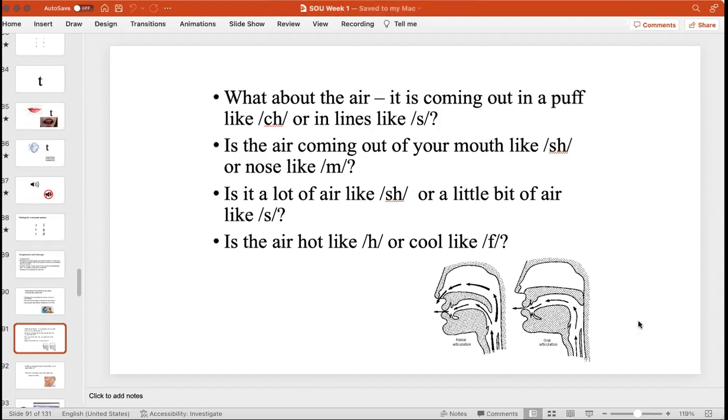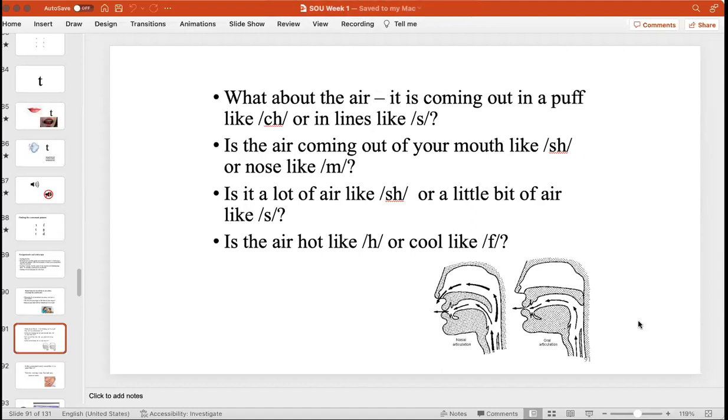There are actually some videos, and I couldn't find one to show you, where you can see an X-ray of someone's head when they're talking, and you see all of these different parts of the mouth moving, and it's really pretty amazing. So we want to ask questions like, what about the air?